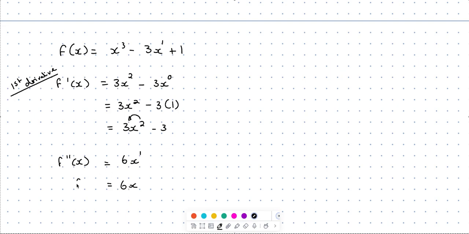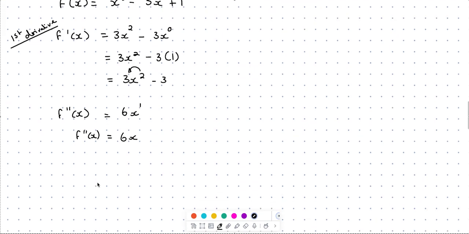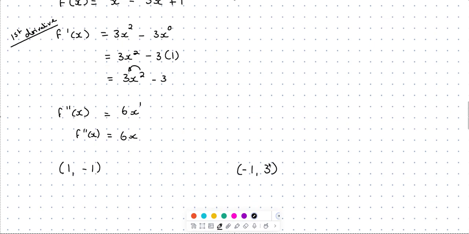Now, how do we use that to check which was the maximum and which was the minimum? You'll remember I got 2 points: 1, minus 1 and minus 1, 3. I'm trying to test out which one is the max and which one is the minimum.